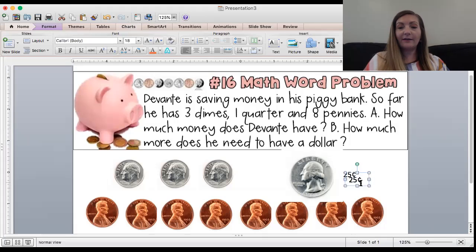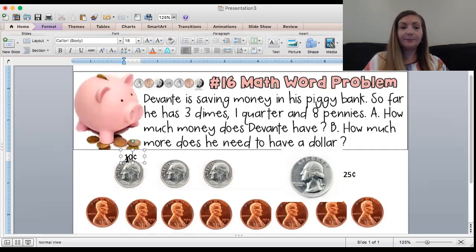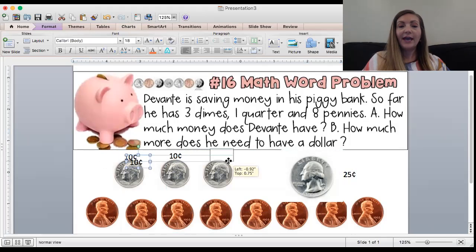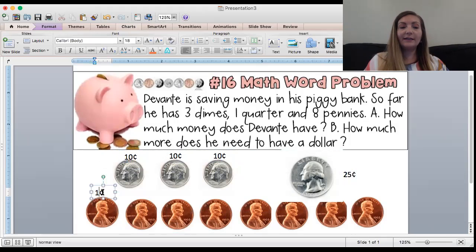And we would have 10 cents for each of the dimes. So I'll copy that. So each one of the dimes should have 10 cents on it in your picture. And how much should each penny have? Just 1 cent. Each penny is just worth 1.